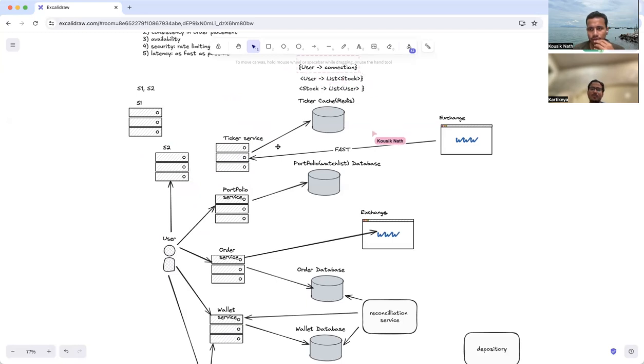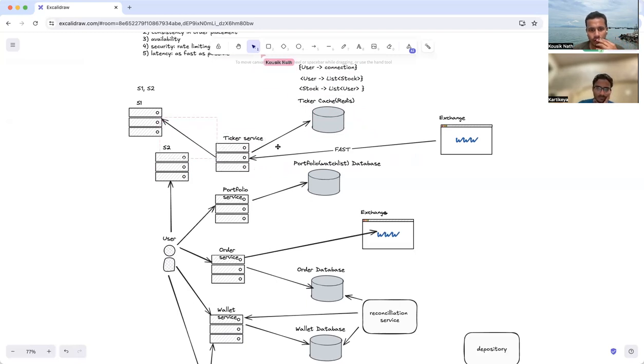Whenever it gets a response from the exchange server, it puts the data into the ticker cache, and it immediately retrieves the user-to-stock list subscription information. It also reads which server the user is connected to, basically which host and what port, and it can then broadcast that information to that server.